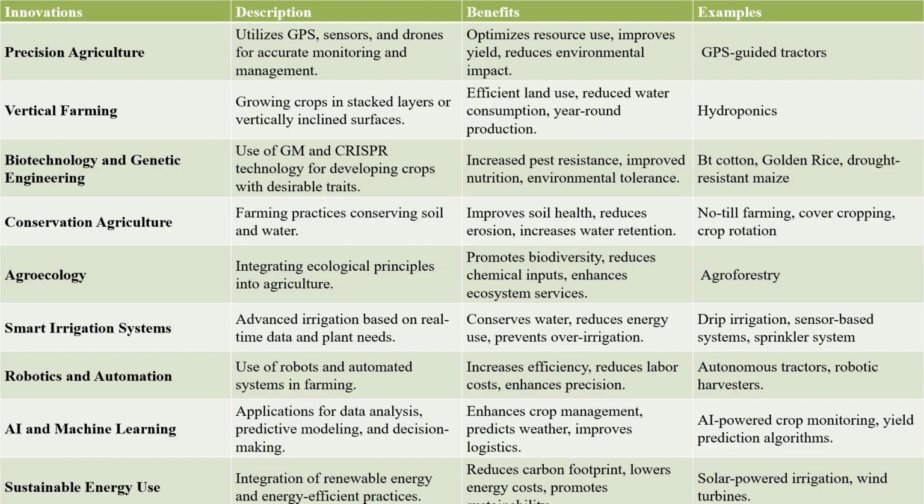Number four is conservation agriculture. Conservation agriculture focuses mainly on maintaining soil health by using practices like no-till farming, cover cropping, and crop rotation. Crop rotation is basically a method in which different crops are grown one by one to enhance the nutrition of that particular area.